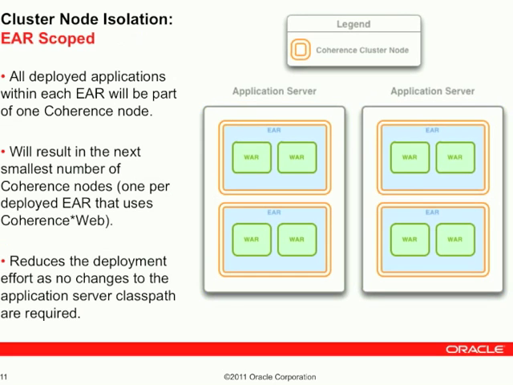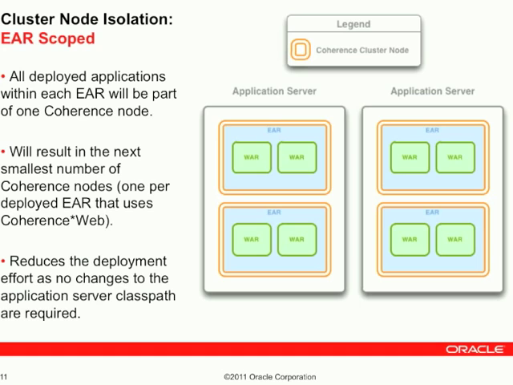The second type of cluster node isolation we'll describe is called ear scoped. In ear scoped, effectively what we do is we package the coherence.jar, and thus the cluster service implementation, in the ear class loader, and this is typically done by placing coherence.jar inside of the lib directory of the ear file.